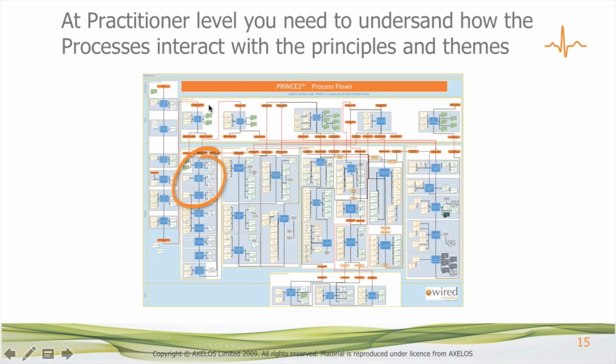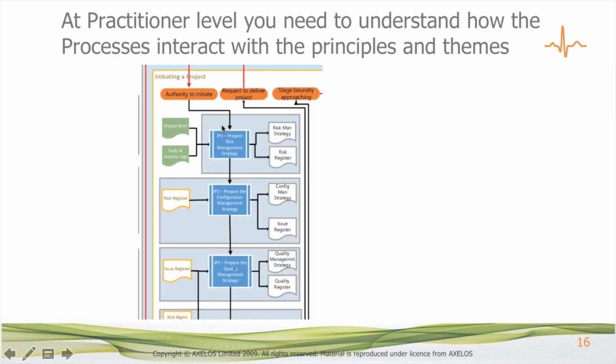Coming from above, if we go back here, these are all the processes here for directing a project. So once you've gone through startup, they then authorize it. This is a project board and the exec taking the lead on that. The authority to initiate has been granted.